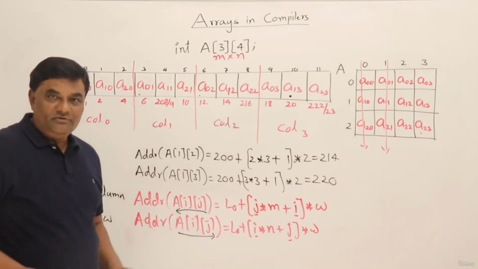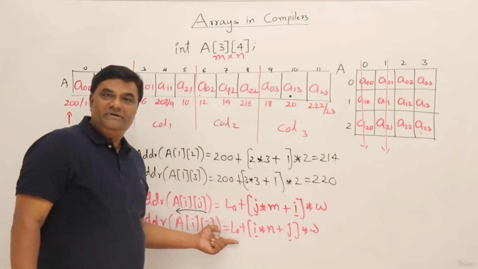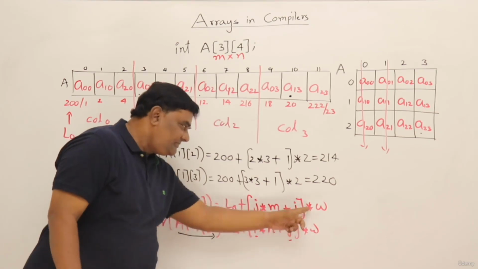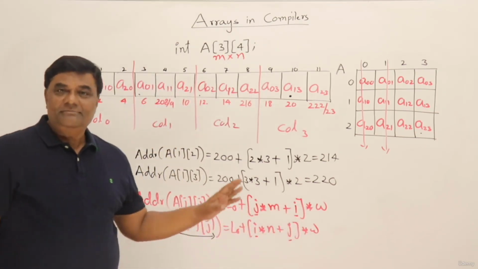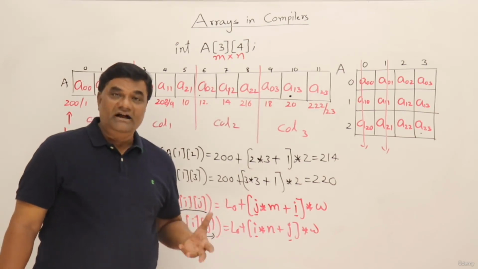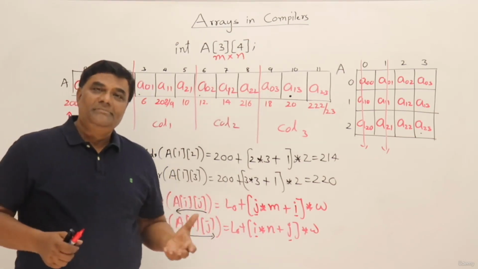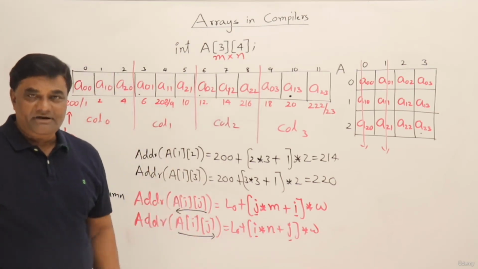Now let us observe one more thing here. See, these two formulas, how many operations do they have? Plus, plus, multiply, multiply, plus, plus, multiply, multiply. So both the formulas have the same number of operations. So in terms of time, both are equally efficient. A compiler may follow row major mapping or it may follow column major mapping.